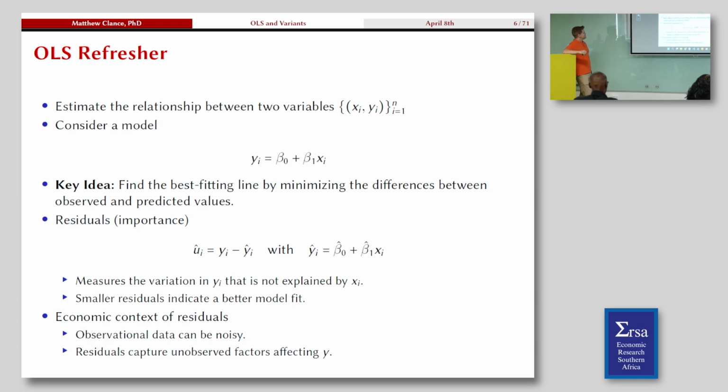Okay. Just to give you a refresher, we're trying to estimate the relationship between two random variables, in this case x_i and y_i, that have some number of observations, and we're considering a very basic model. Notice that I've not included the error term here for now, just for simplicity. We try to find the best fit line by minimizing the difference between the observed and the predicted.